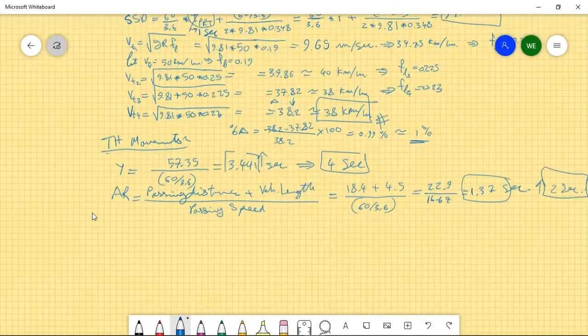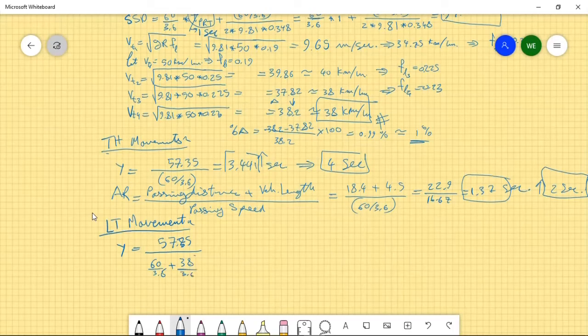For the left turn movement, the yellow time equals the stopping sight distance, 57.35, divided by the average speed, which is basically 60 divided by 3.6 plus the turning speed, which is 38 divided by 3.6, and both.